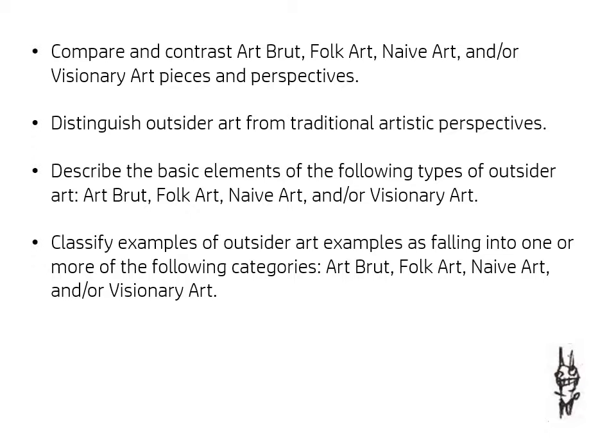Classify examples into one or more of the following categories. That's a separate skill, if you will. And again, you might not be wording all of yours like these outcomes or objectives the way I have it. I just have been doing this for a while. My brain can't really think any differently. So your statements might be a little more broad than this, or a little more content related, or something.